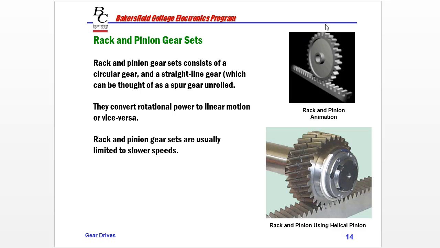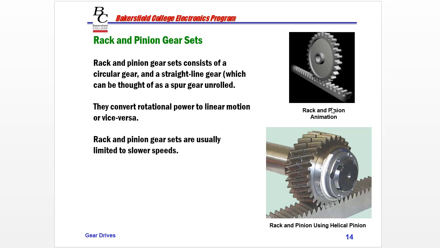If we bent this around as a circle, it would look like an internal gear set. So this rotational movement of this spur gear actually creates a linear movement in either direction, depending on the rotation of the rack. So we call this the rack and this the pinion.